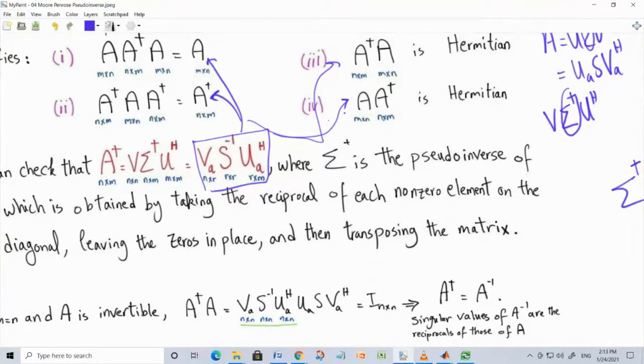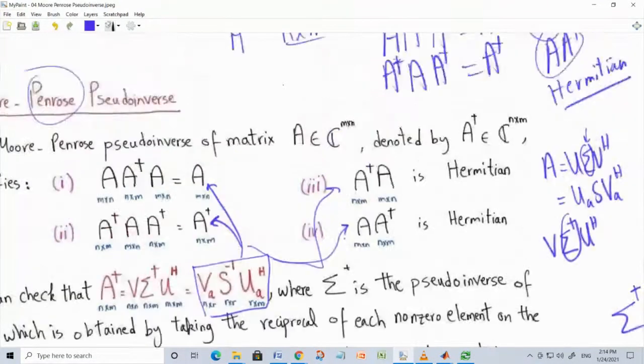You multiply A dagger A A dagger and so on, and you will find that it satisfies those 4 conditions. And because the pseudo inverse is unique, it is the pseudo inverse. So you can use the SVD to obtain the pseudo inverse of the matrix.